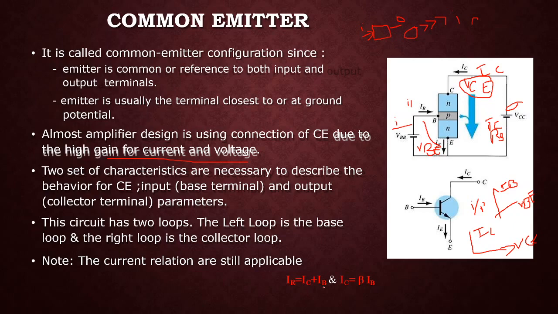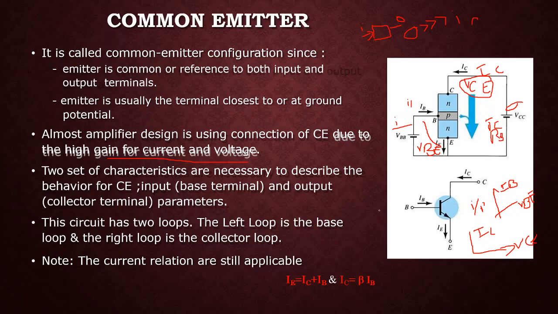We already know that IB is a small amount of current, so we can neglect it. So IE is approximately equal to IC. Now we have to estimate the IC current with respect to the calculation of the current gain.